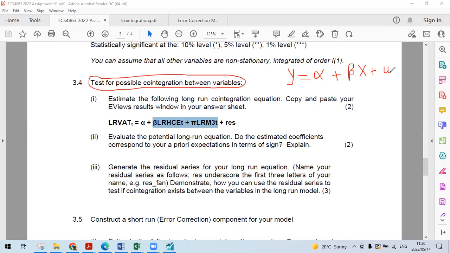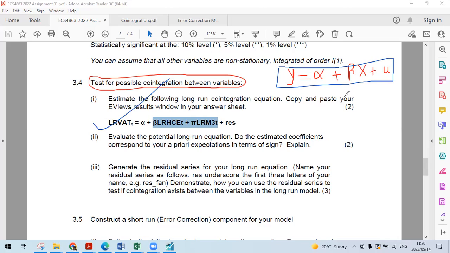And so for you to test for co-integration between Y and X, what is the first thing that you need? You need the equation, isn't it? You need to have this equation first, which is this part.